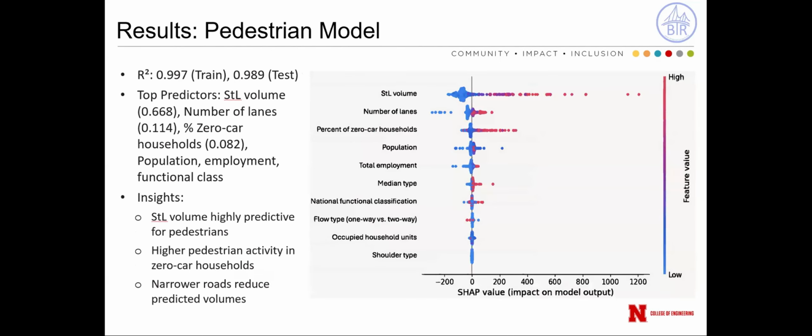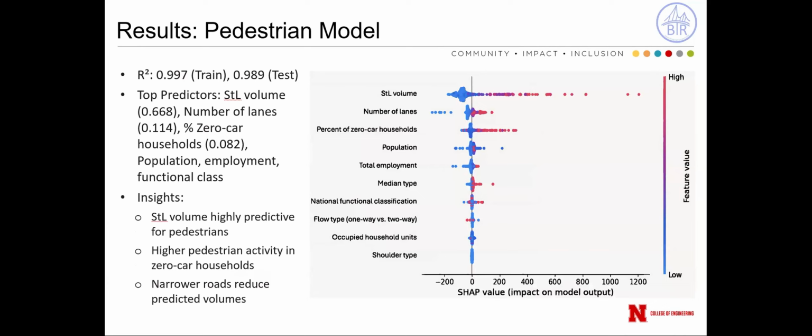Moving on to the pedestrian model, the pedestrian model also performed very well at 0.989 for the testing set. And here, StreetLight volumes had a slightly lower importance score of 0.668, but still dominated.